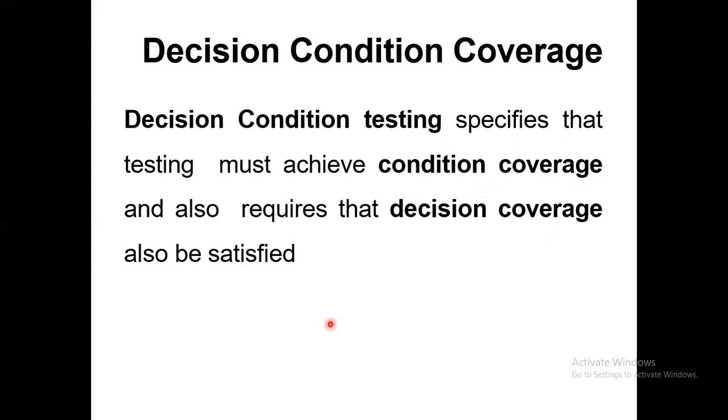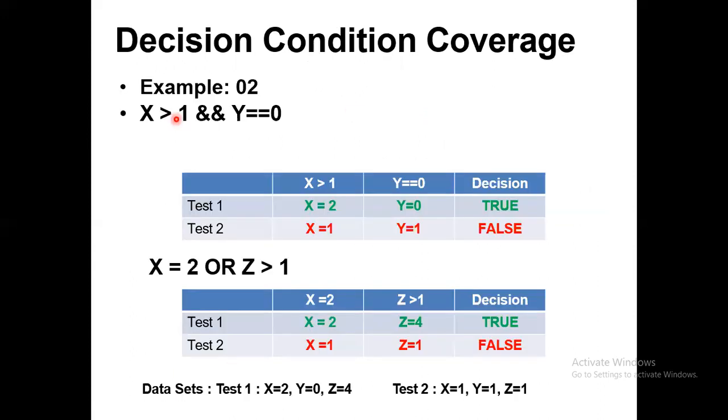So if we go to this decision condition coverage, we have to consider these two atomic conditions getting true and false, also the decision getting both true and false, right?